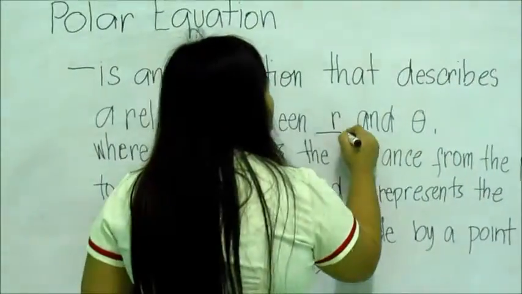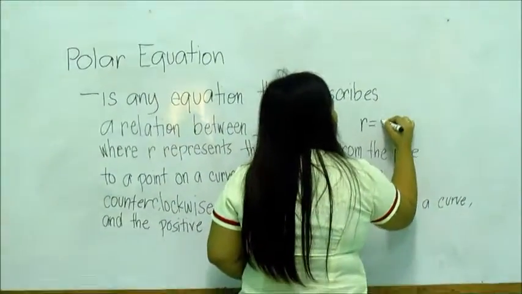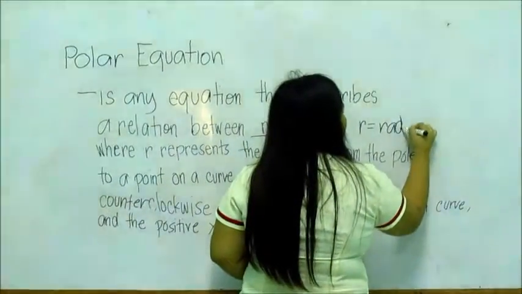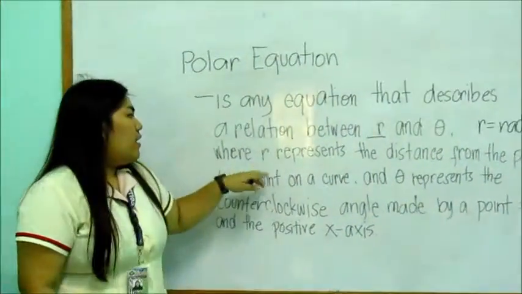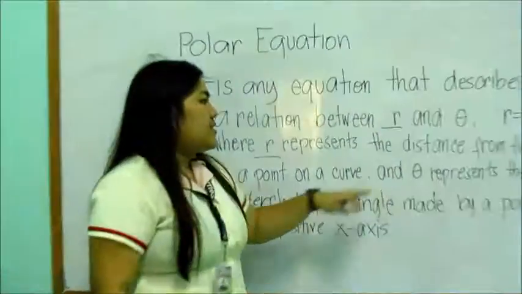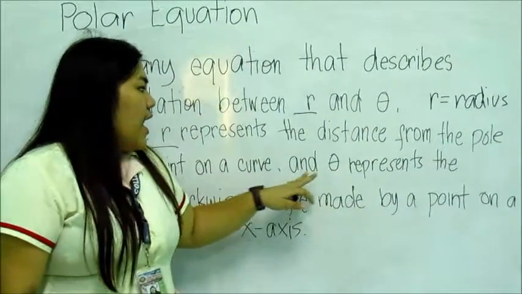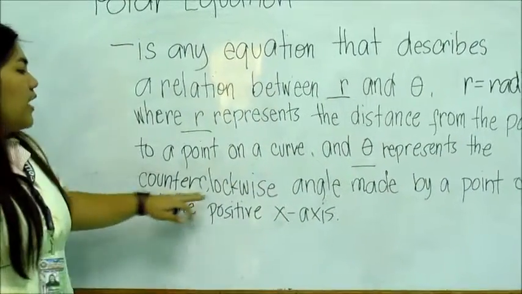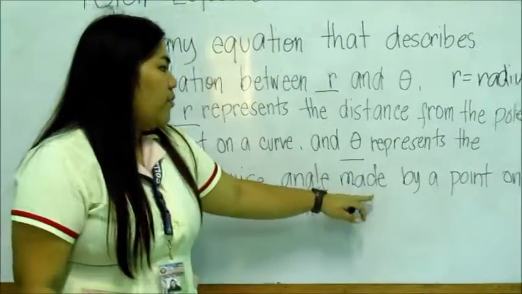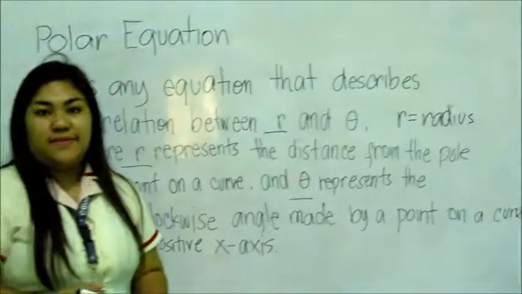As we all know, r is the radius, where r represents the distance from the pole to a point on the curve, and theta represents the counterclockwise angle made by a point on the curve and the positive x-axis.